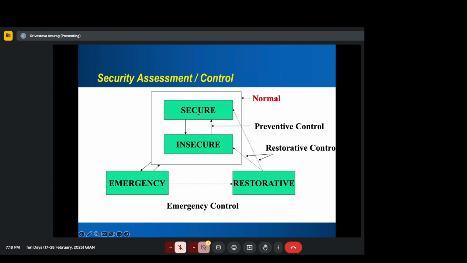So first, when we say it's secure or insecure, what do we mean is that if you do the if-then analysis, that the system is going through a configuration where one generator is out for maintenance or another generator is out.